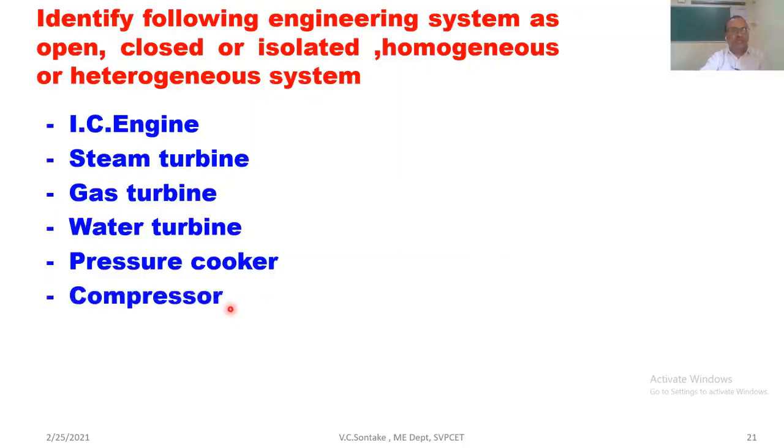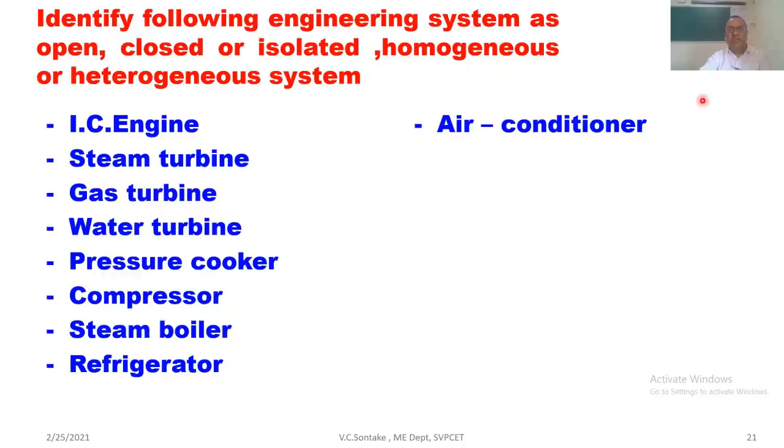Compressor, open system. Steam boiler, open system. Refrigerator, open system. Air conditioner, open system. Air conditioned room, closed system if it is properly insulated. No heat will either enter or leave the air conditioned room.